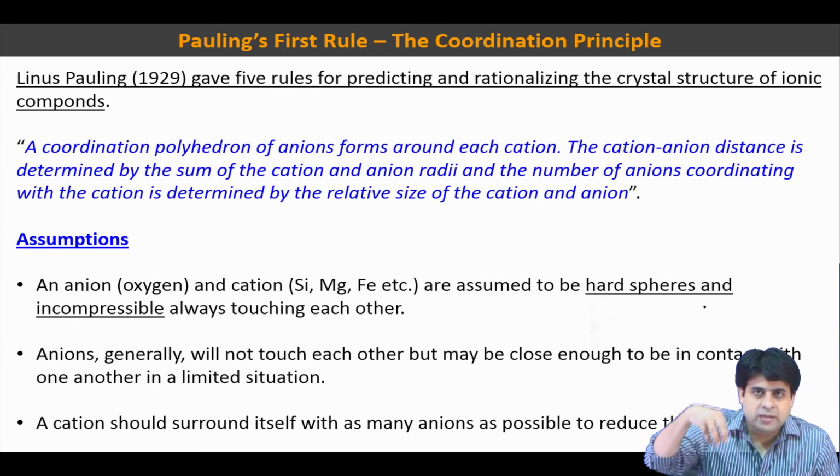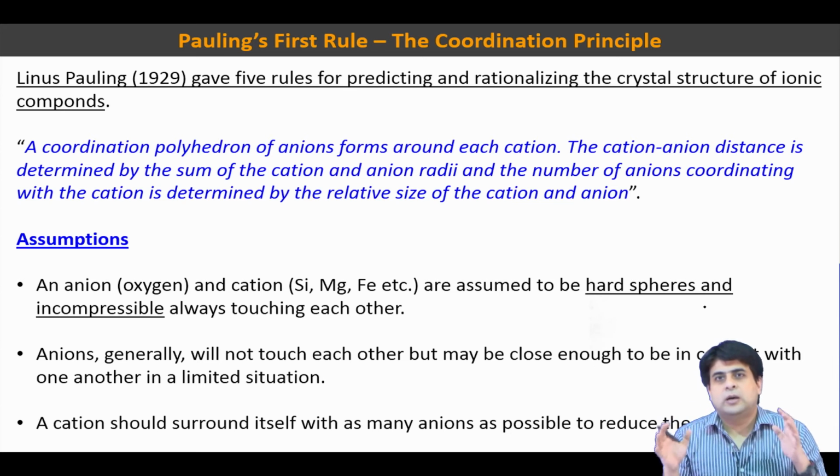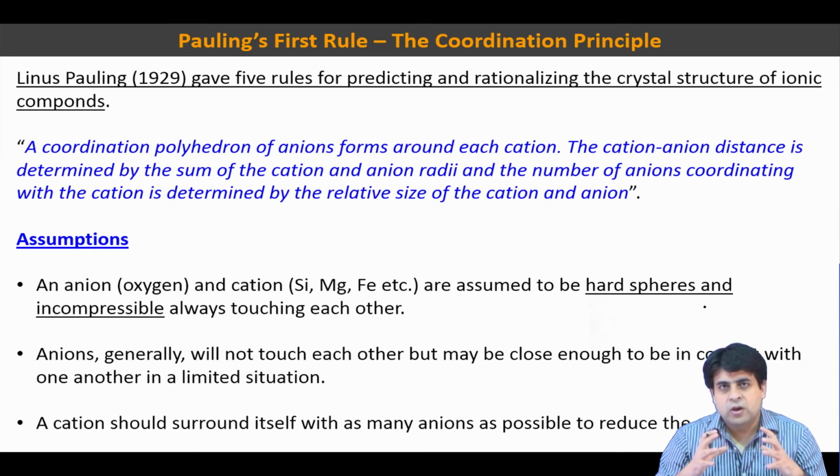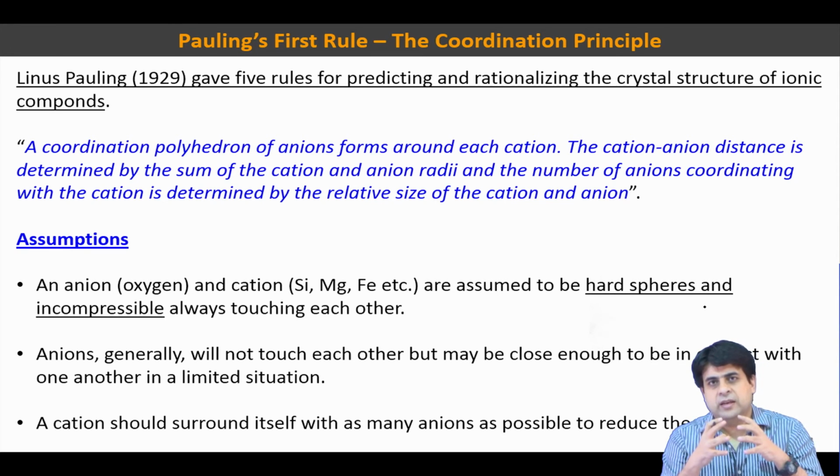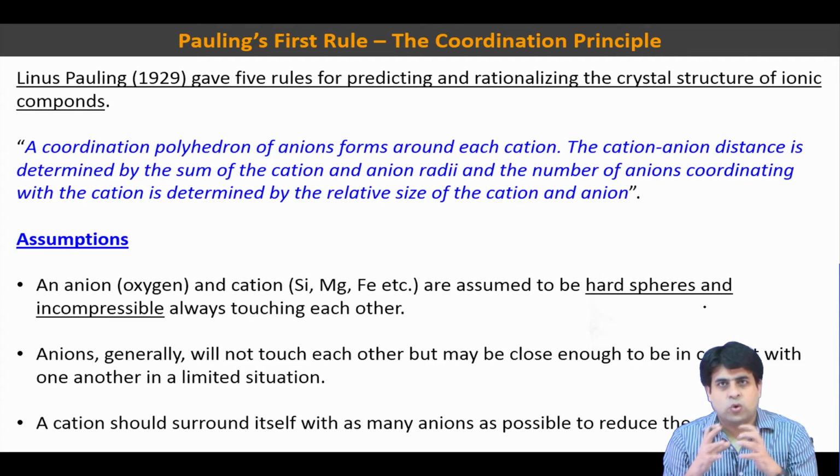All these cations are filled in between the large oxygen atoms, and oxygen is basically responsible for the packing between cation and anion. If you know the radius of oxygen and the radius ratio of cation and anion, this controls the coordination of the different cations present in your minerals.